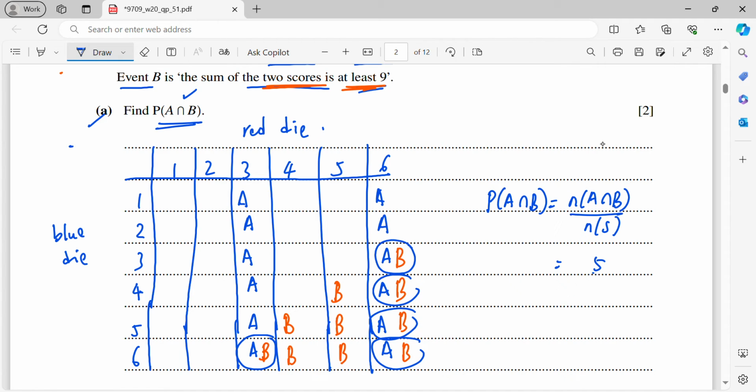Therefore this is 5 over, and S is basically 36 because 6 from the red die and 6 from the blue dice. So it means that this is 6 times 6. So at last I'm getting 5 over 36. So that's the solution for A.